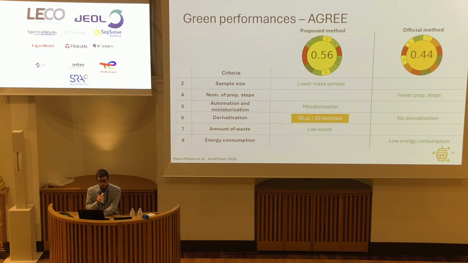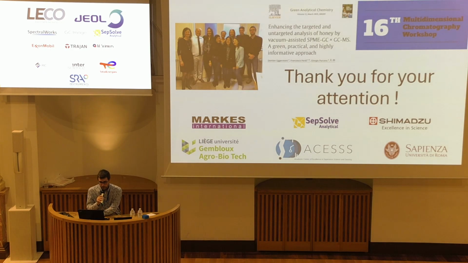But we would like to emphasize the fact that we are using 50 microliters for 20 samples. So for us, the derivatization is not as problematic as the metric seems to show. Then also we answer more questions than the official method, which deals only with the freshness of the honey.